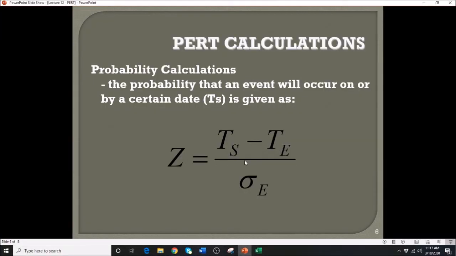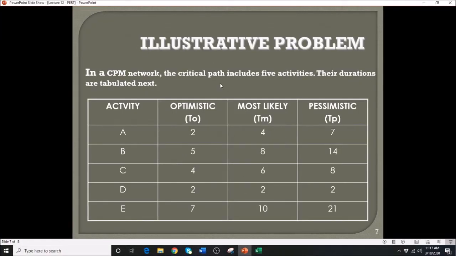All right, so let's have this problem here to illustrate how to use those different formulas. Assume that your activities A, B, C, D, and E as given here are all critical.